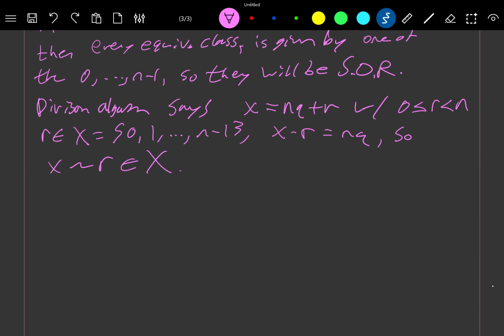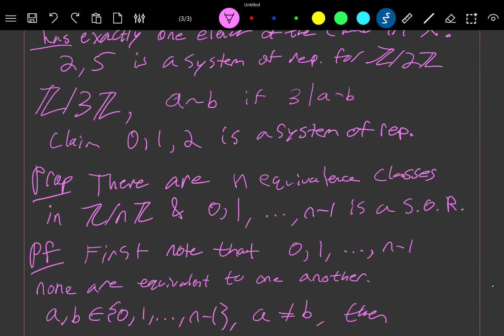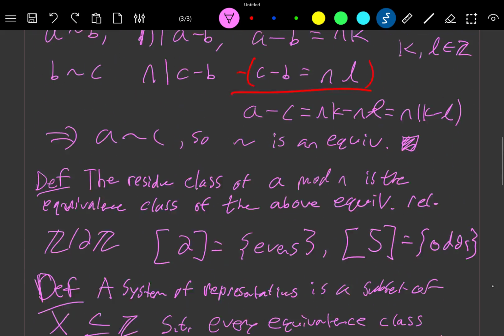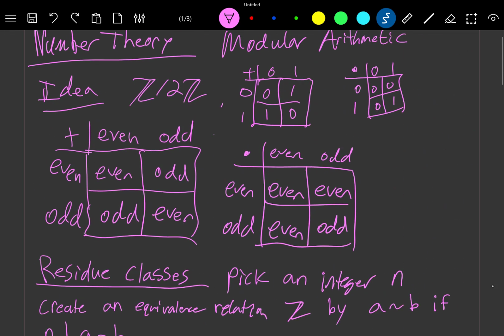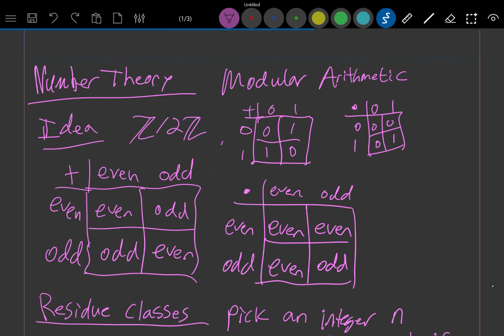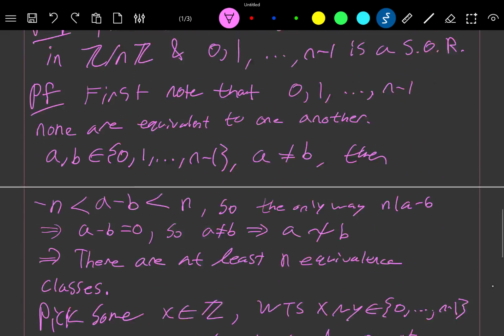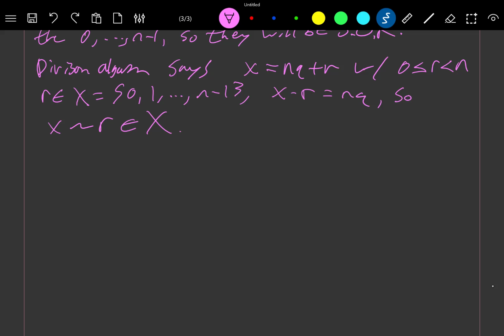But there's something more going on here, because so far we just have a set. Up at the very top, when we talked about Z mod 2Z, we also had an addition and a multiplication. So this suggests we can put a ring structure on Z mod nZ. Let's do the example with Z mod 3Z.